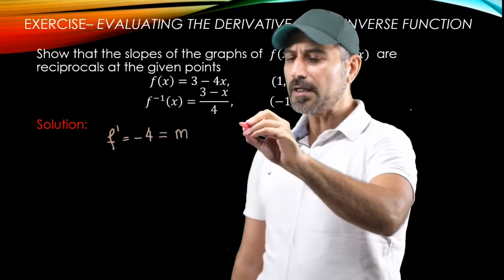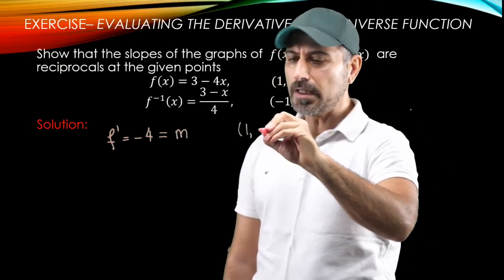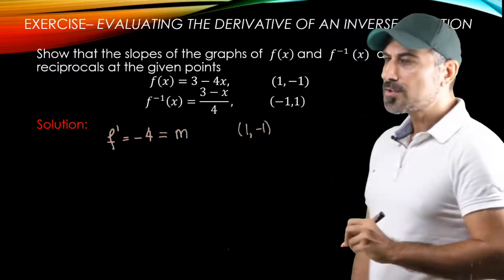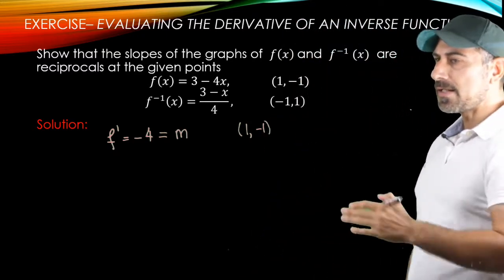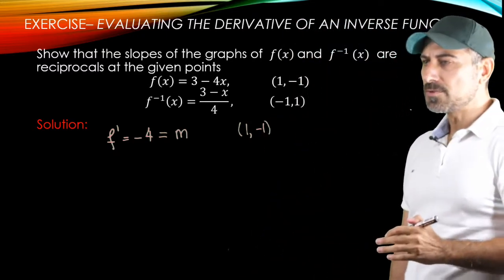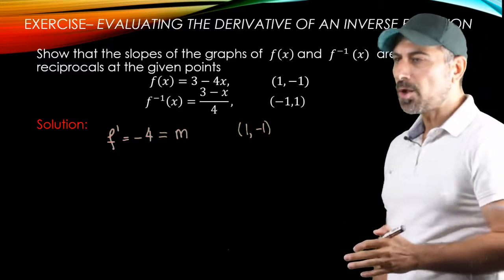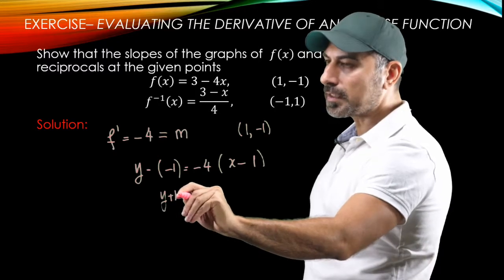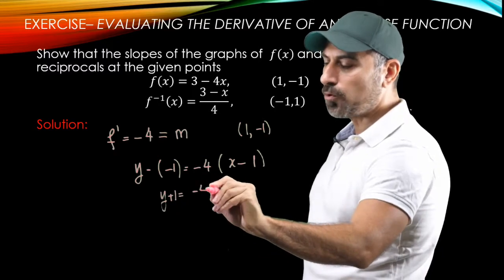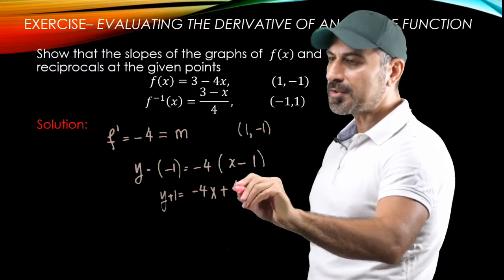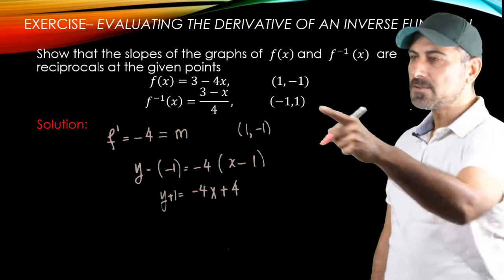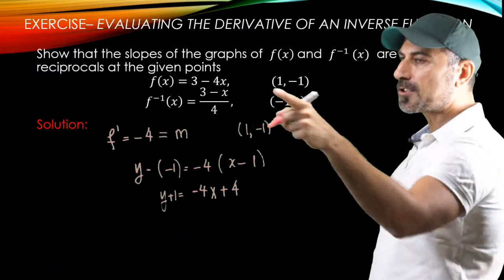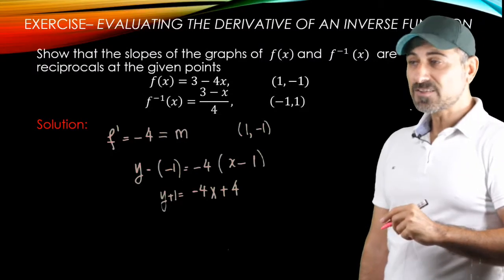And the point that we're looking for, the tangent line, is 1 and -1. So since we know the slope and the point that the tangent line passes through, we can go ahead and use the slope-point form of a tangent line. This turns out to be y plus 1 equals -4x plus 4.